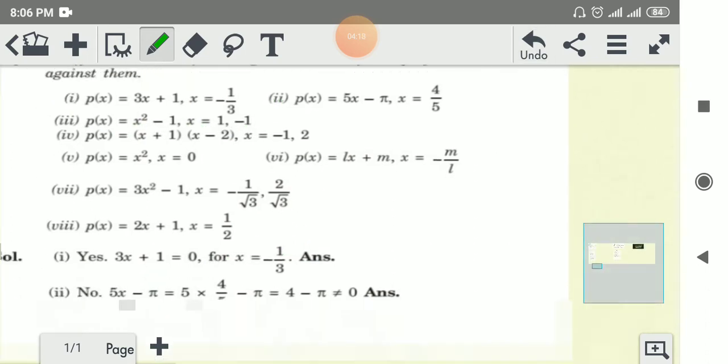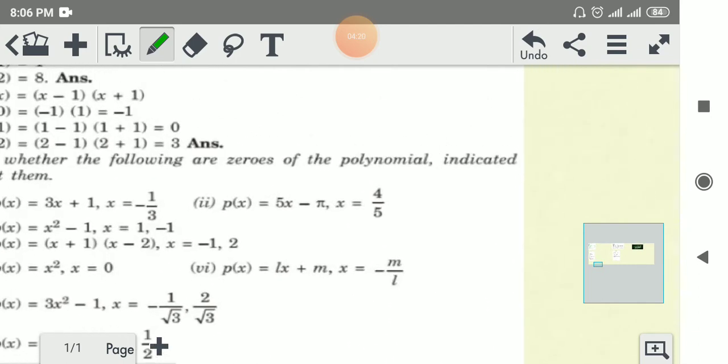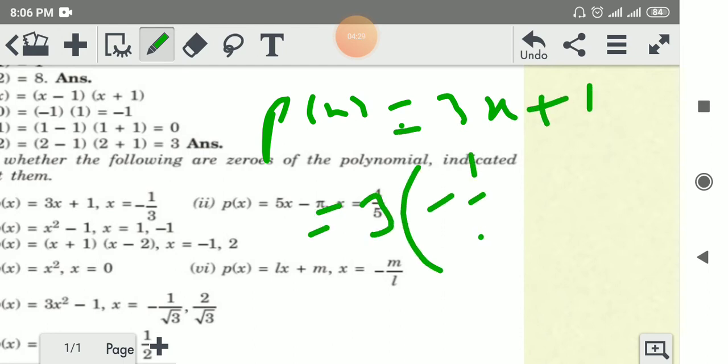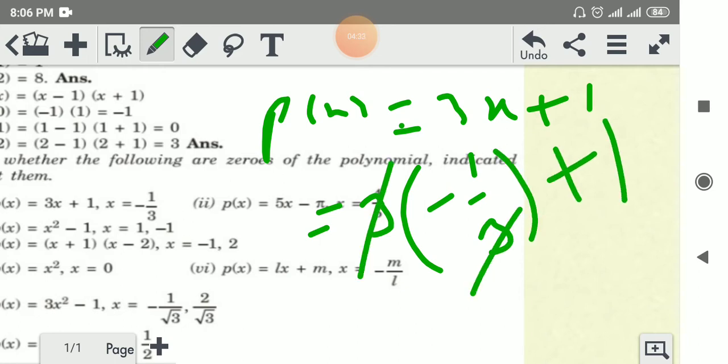So here p(x) is equal to 3x plus 1. Okay, then value of x is equal to -1/3: 3 times -1/3 plus 1, the 3 and 3 cancel, left -1 plus 1, this is 0.